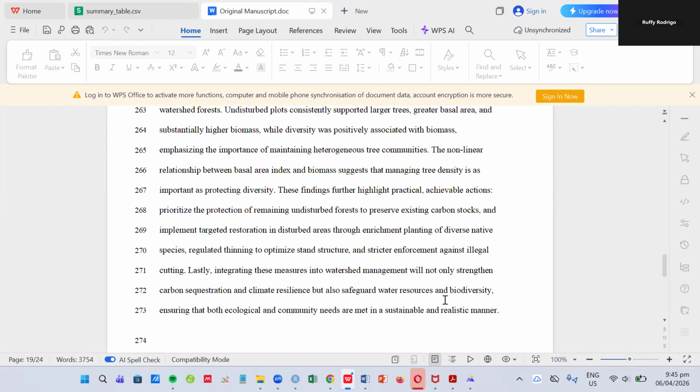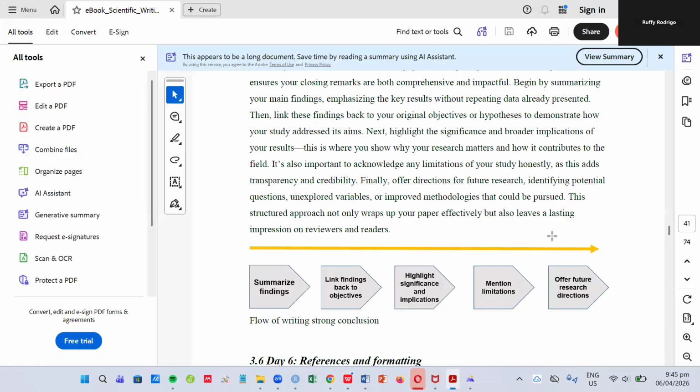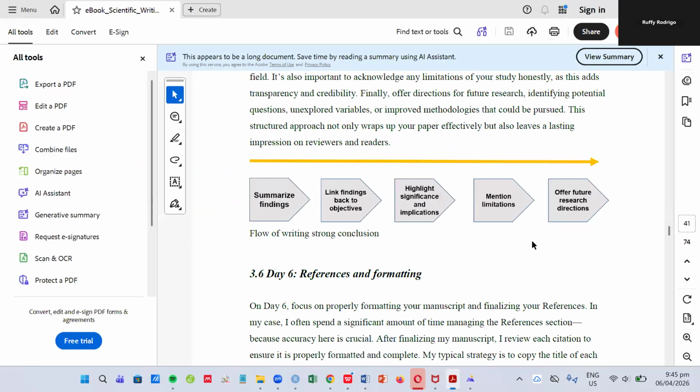So you can always write your own, and just make sure that you circle it back to your own results, not just forget about other results.